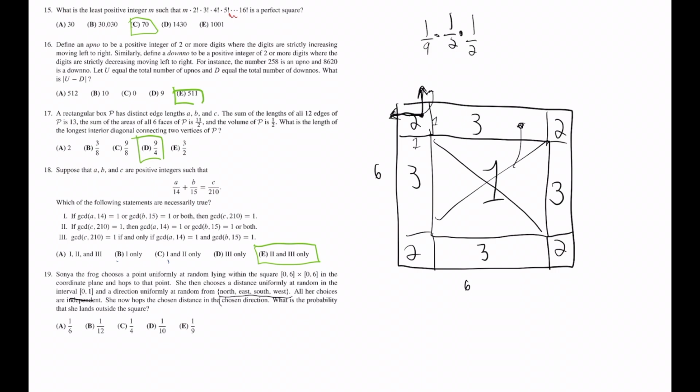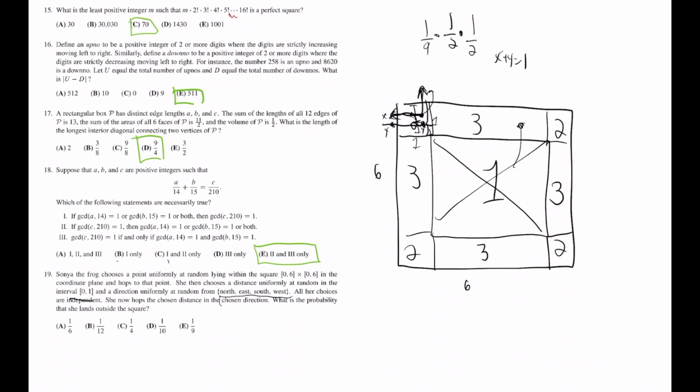Why? Because this point is anywhere. This length is x, this length is y, and x plus y is equal to 1. Just make that clear. That's x and that's y, where this is the point. So x plus y is equal to 1. So we know that it's a 1/2 chance because everything's random.